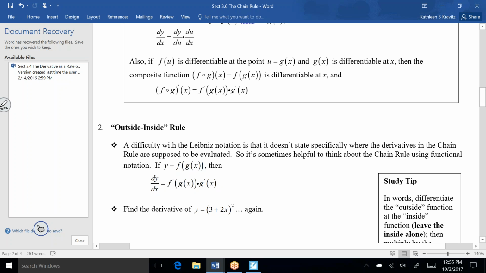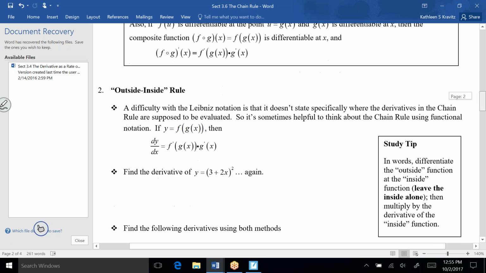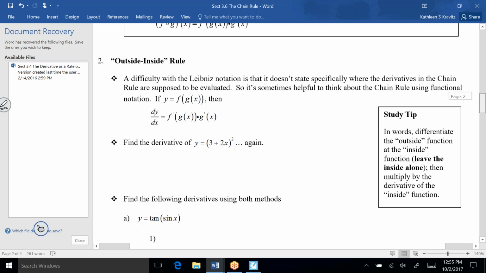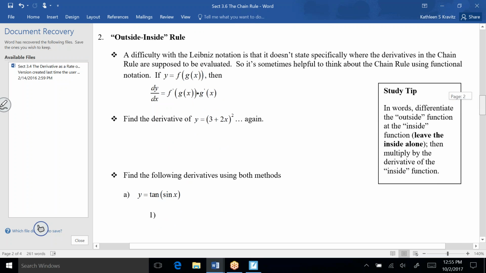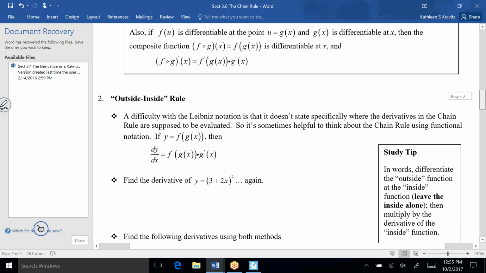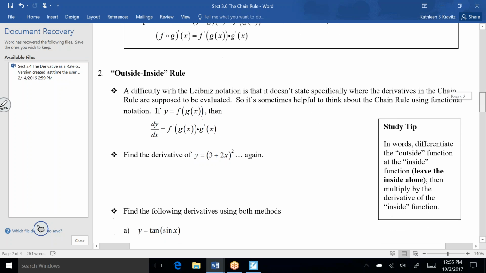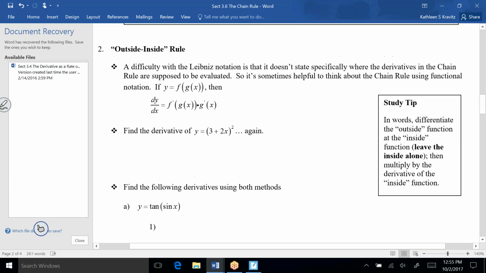The derivative of the composite function is going to be the derivative of the function f at the inside function times the derivative of that inside function. It's going to be fewer steps normally. And I think this is what I wrote on your formula sheet too.